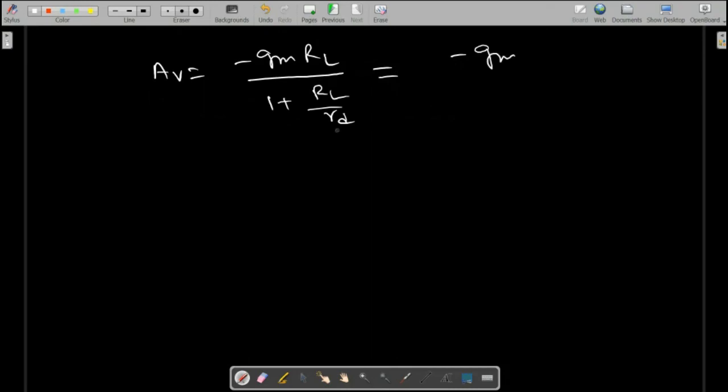Again I am rewriting this here. So AV equal to minus GM into RL by 1 plus RL by RD. We can write this in this way, simplifying the denominator term: minus GM into RD into RL by RD plus RL. Now take a look at this factor.